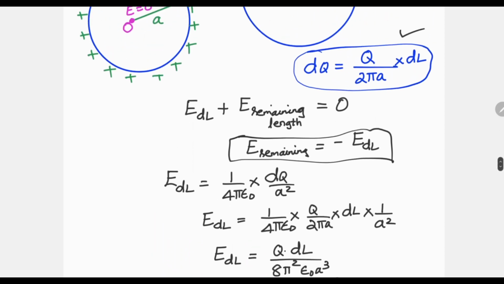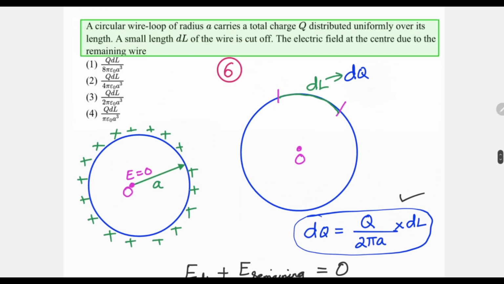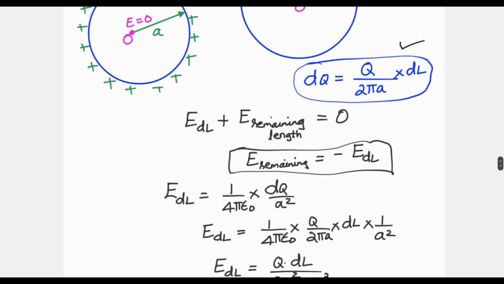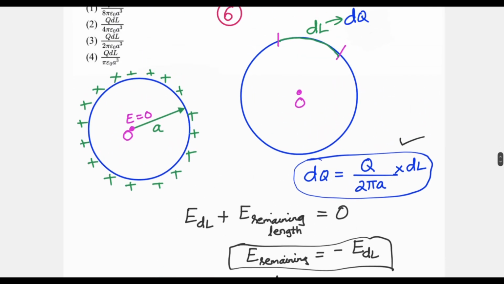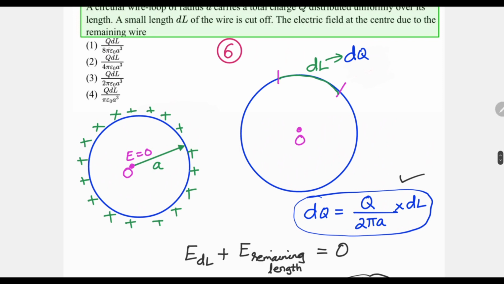That means our choice will be the first choice here. But there is a small problem in the choice, that pi square is missing there, so I will add pi square here. So your first choice is the correct answer to this question.